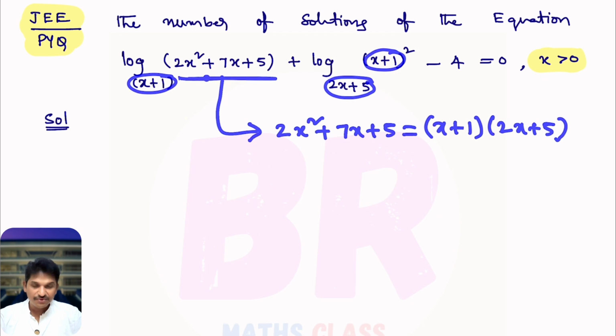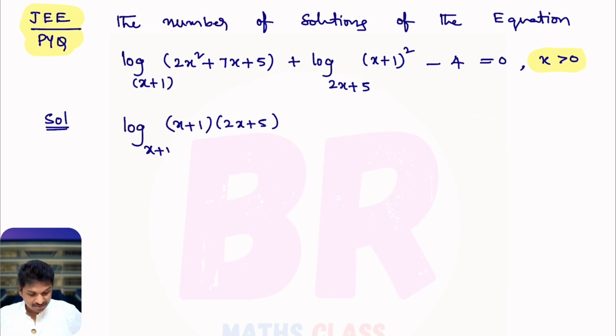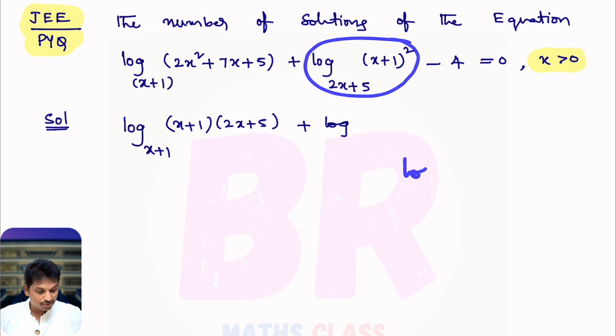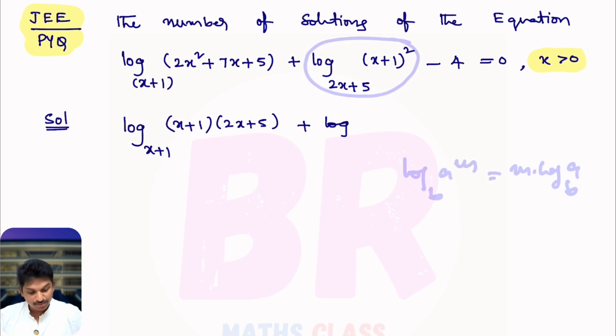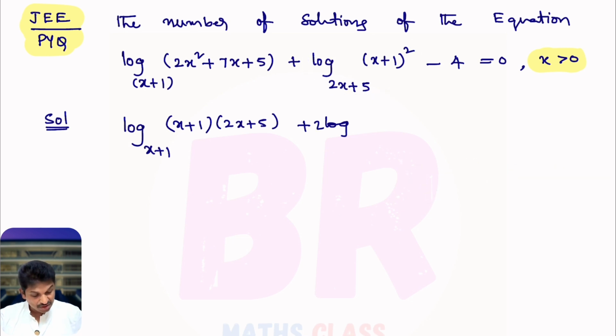So in place of this, I'll write logarithm of x plus 1 into 2x plus 5 base x plus 1, plus logarithm of x plus 1 whole power m base b, that is nothing but m into log a base b. So this can be written as 2 into logarithm of x plus 1 base 2x plus 5 minus 4 equal to 0.